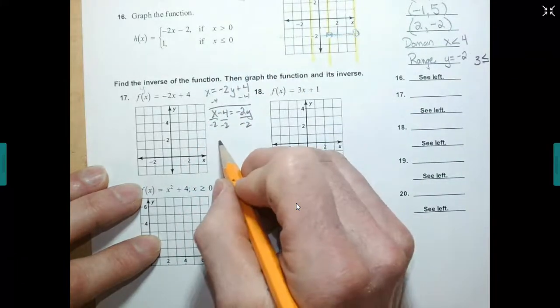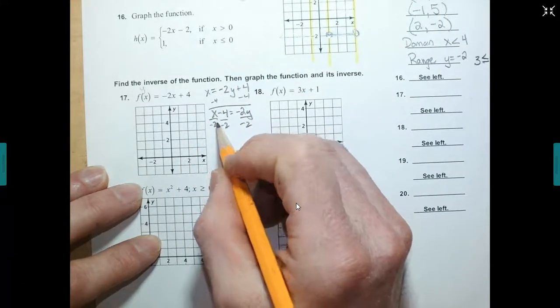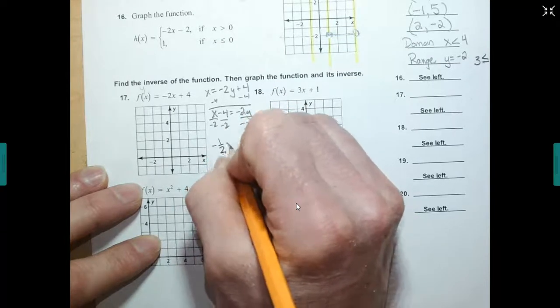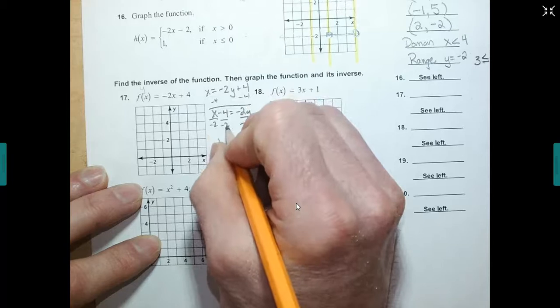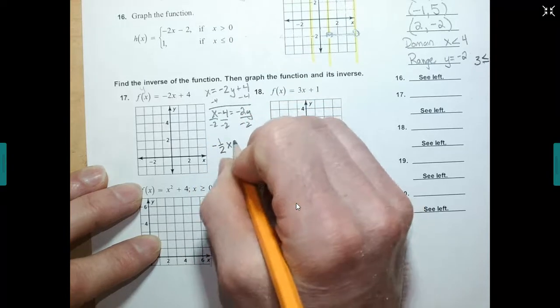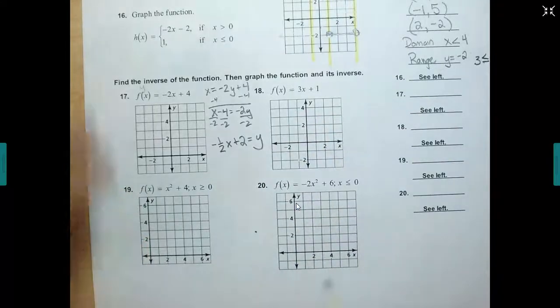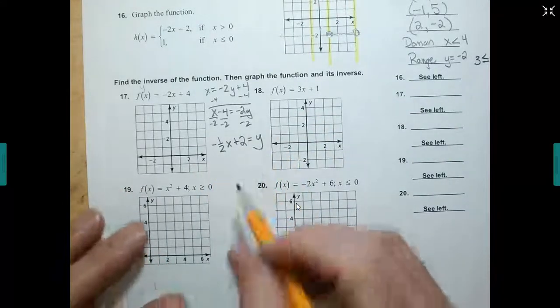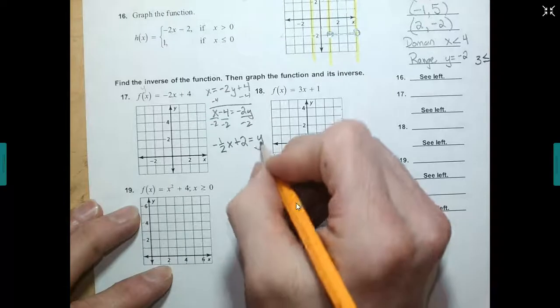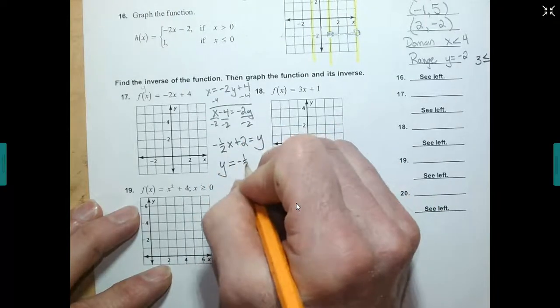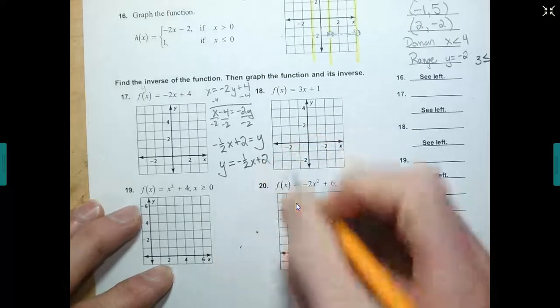So I get x divided by negative 2, so that's negative 1/2 x. Negative 4 divided by negative 2 is a positive 2. Plus 2 equals y. Just so that it's easier for me to read, I'm going to put the y over here and say y equals negative 1/2 x plus 2.